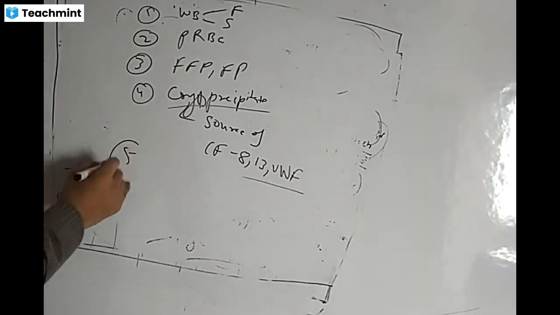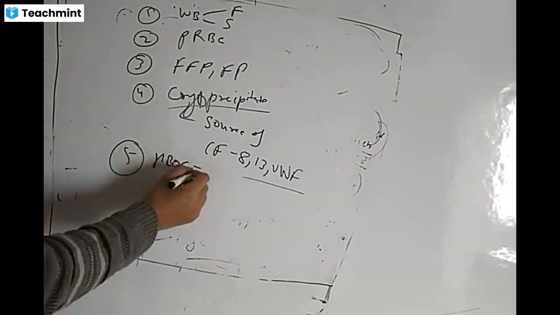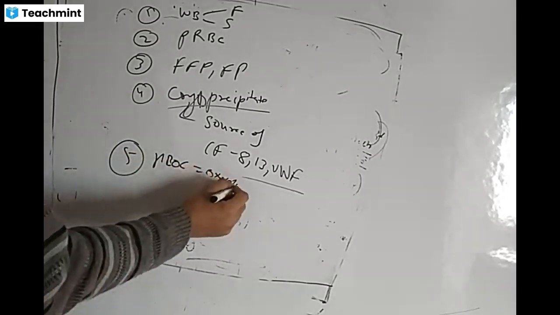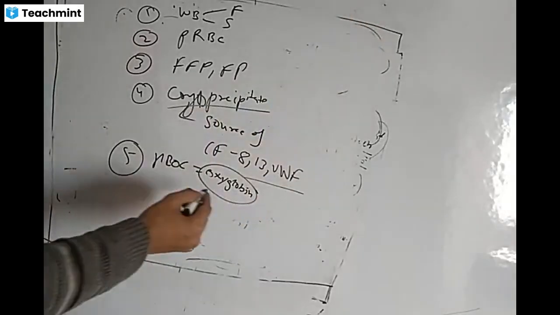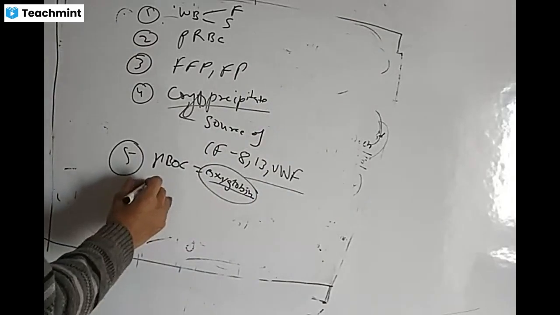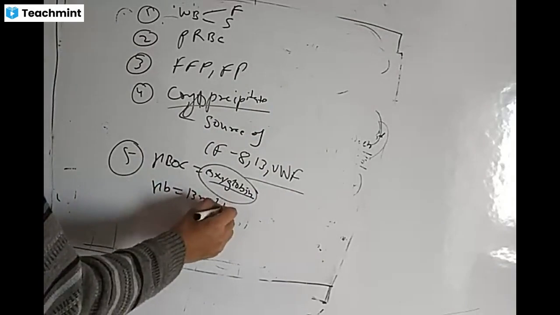The fifth, which I explained already, is HBOC, that is Oxyglobin, an oxygen carrying molecule carrying hemoglobin 13 mg per dl.